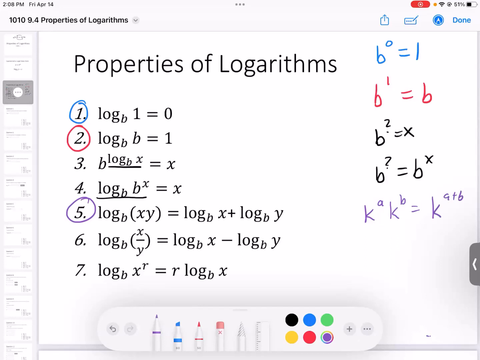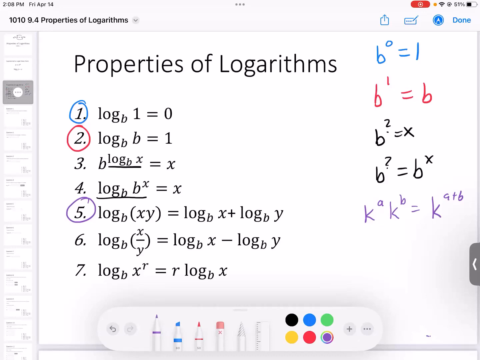So this logarithm rule is basically the logarithm version of this, because logarithms figure out what the exponents are. And so if you add the exponents together, that will equal the multiplication of the two powers. Does that make sense?